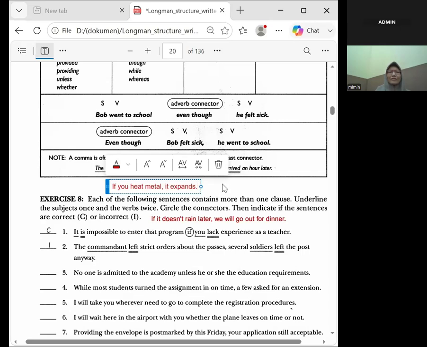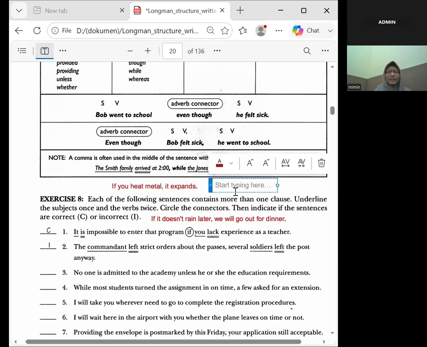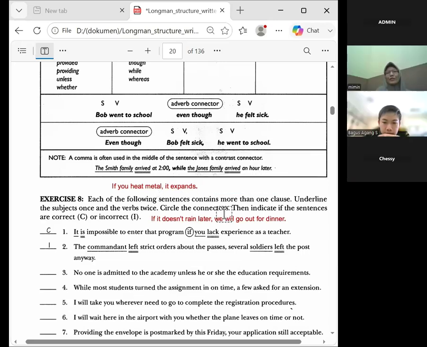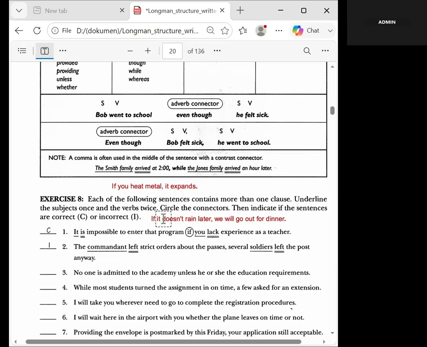This is the truth. So you use present simple, but here we have: if it doesn't rain later, this is present simple, but we will go out for dinner is future with will.